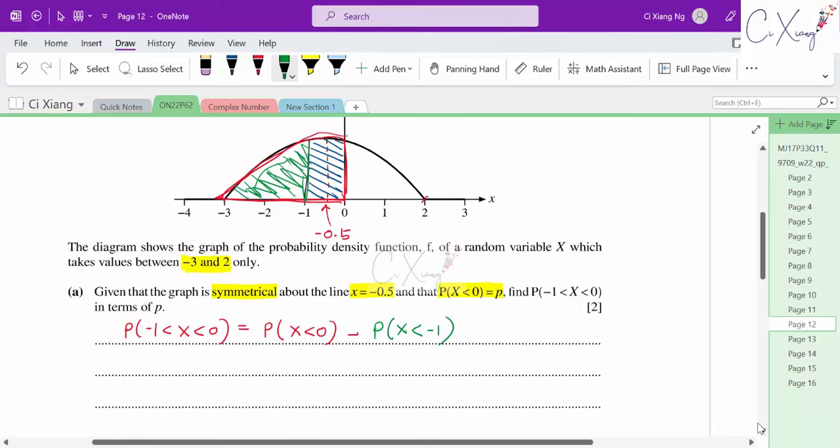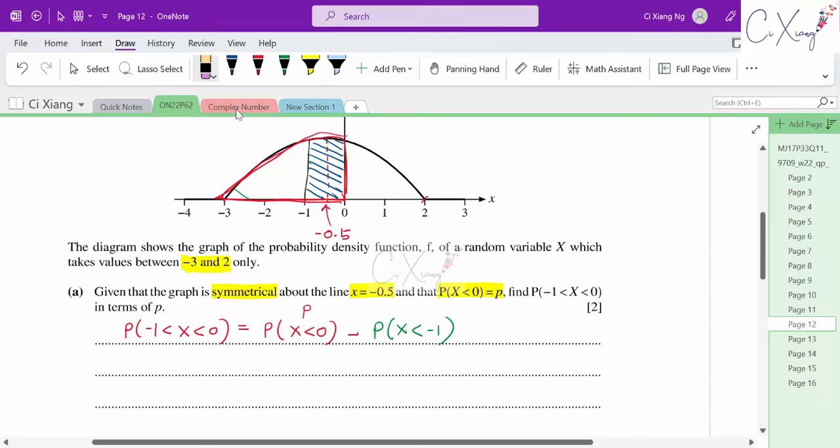Then how should we continue? X smaller than or equal to 0, I think it's quite straightforward because it is the p. And for x smaller than or equal to negative 1, I don't have the value for now. So I need to consider how I can make it done.